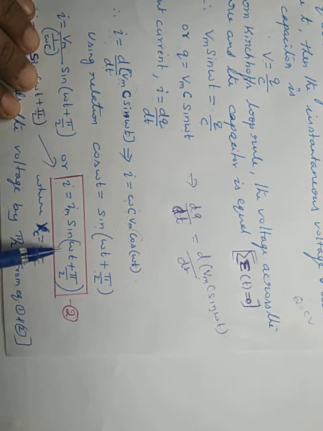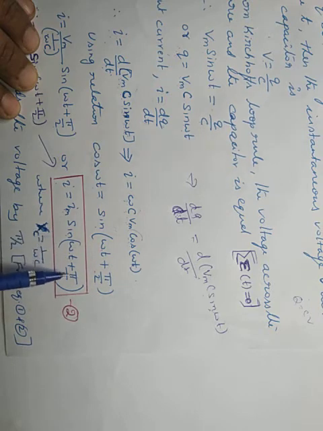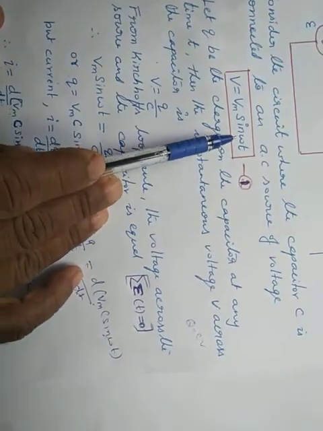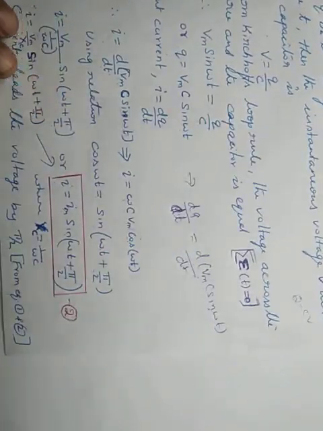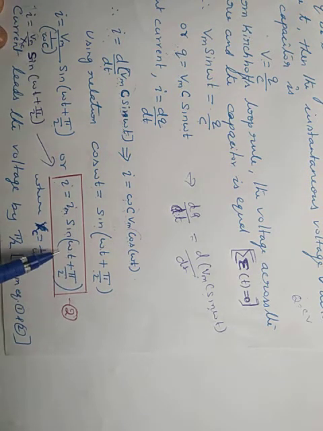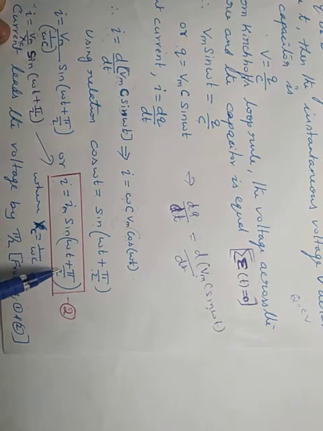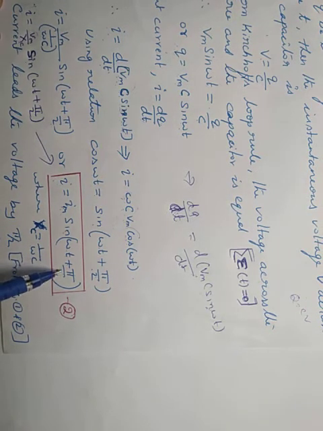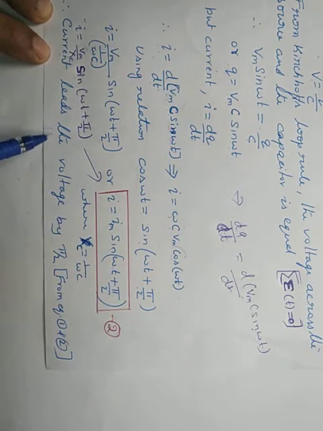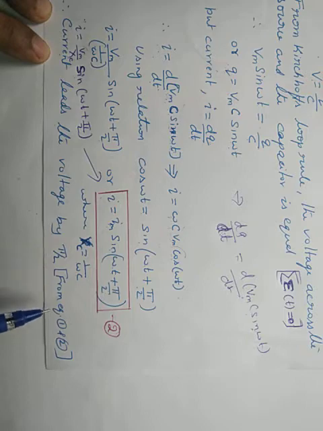That means the current leads the voltage by pi by 2, because here we have an extra pi by 2. So the current leads the voltage by pi by 2, that is the conclusion you have to write, from equation 1 and 2.